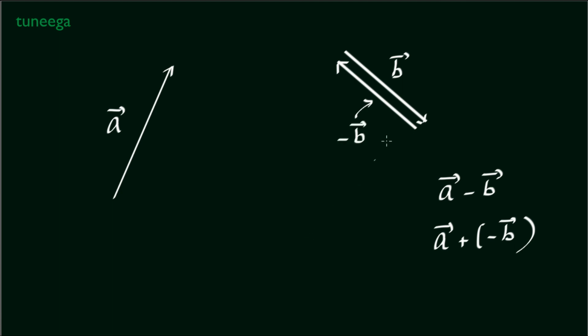So let us go ahead and add minus B to A. So I'm going to draw A again here. This is A. Remember, you can always slide a vector without changing its magnitude and direction. It remains the same.